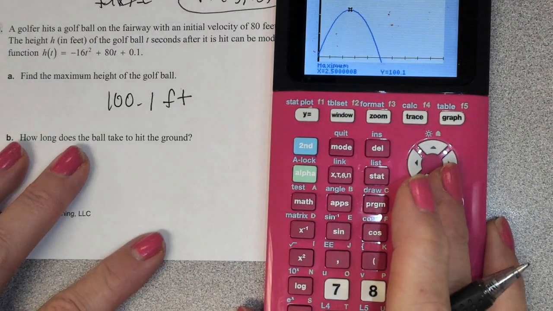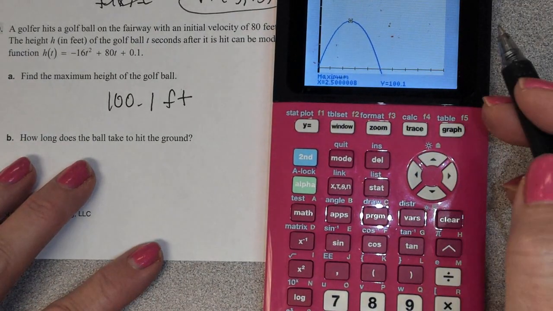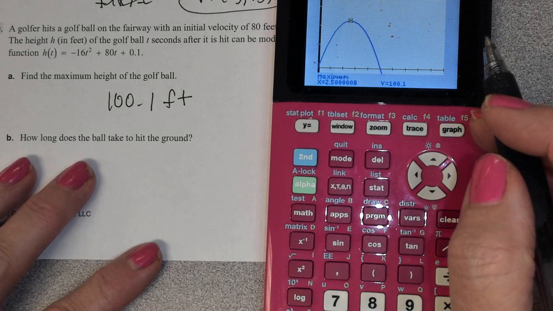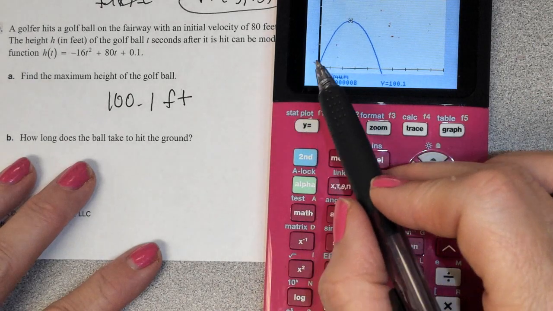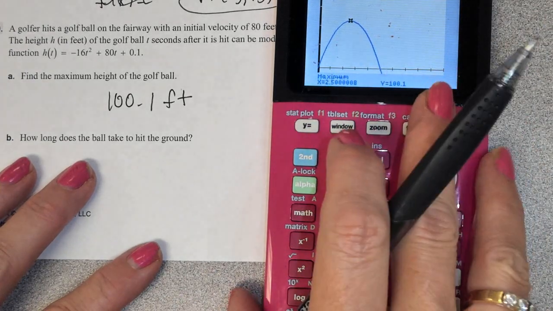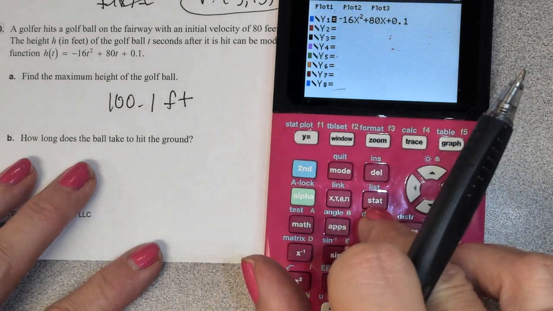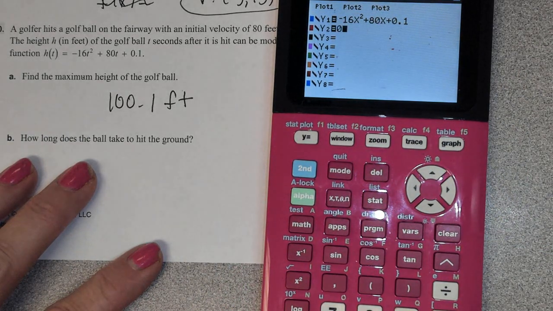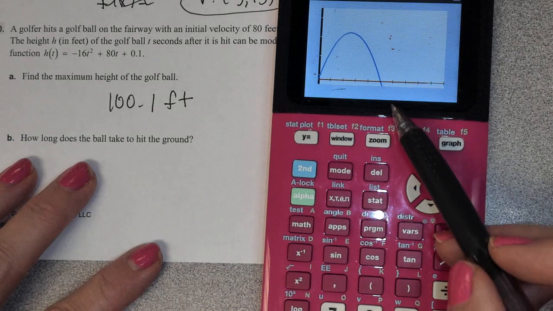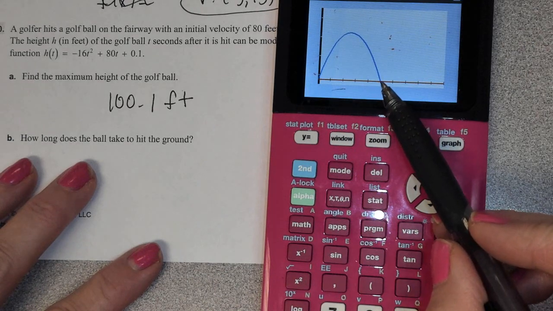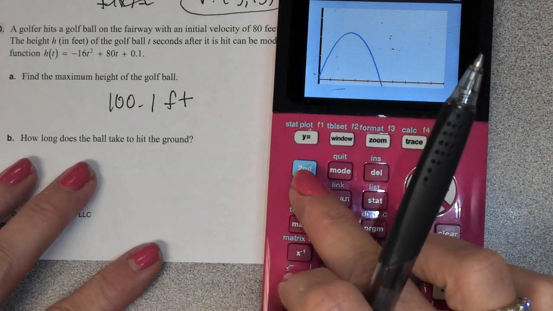How do I find how long it's going to take the ball to hit the ground? Okay, I do want to know my x-intercepts, but what's the easiest way to find them? Put in y equals what? 0. And then hit graph, and I want to find right there where the ball hits the ground.